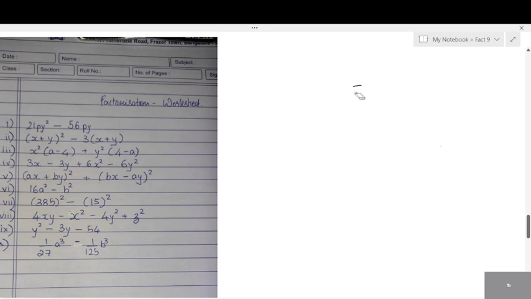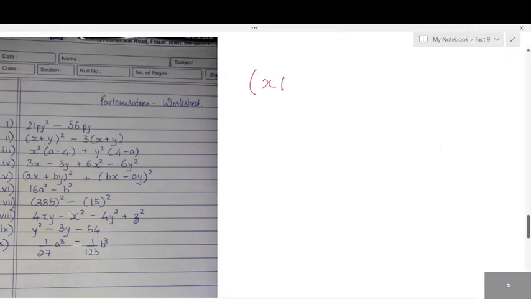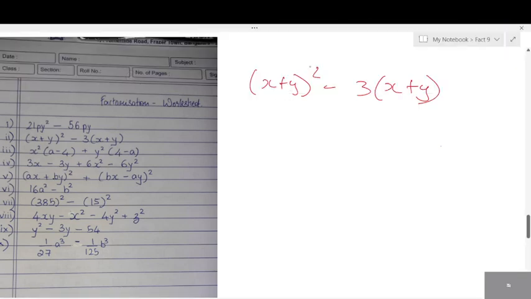First question done. Second question: x plus y the whole square minus 3 into x plus y. Before the bracket there is 3, nothing is common. Are the bracket values the same? x plus y? Degree 1 is the least. Take x plus y common.